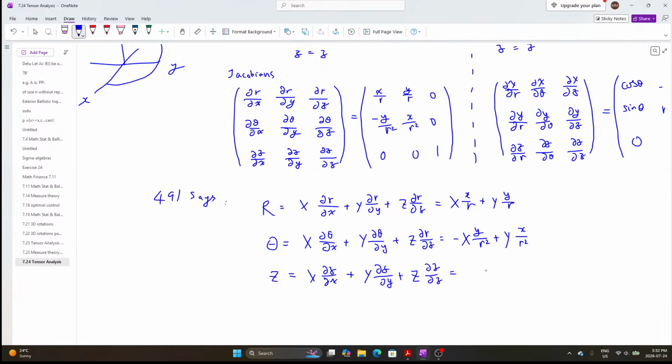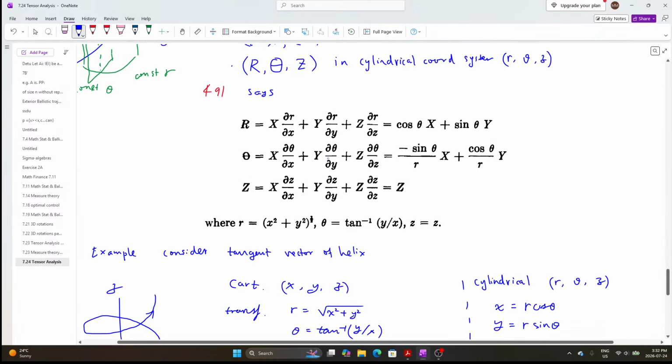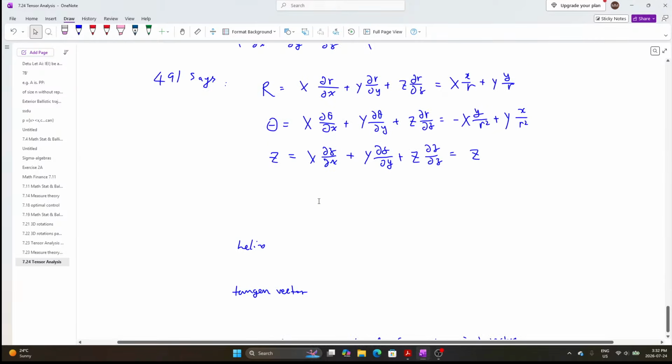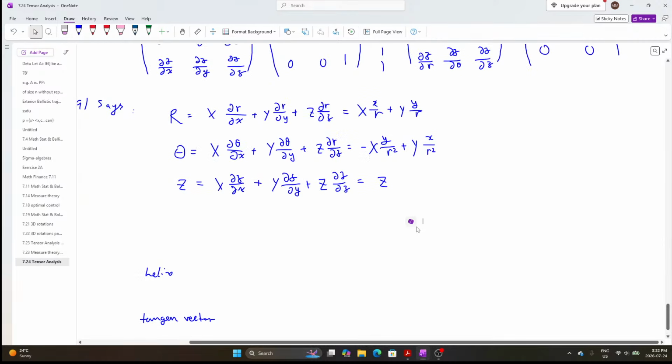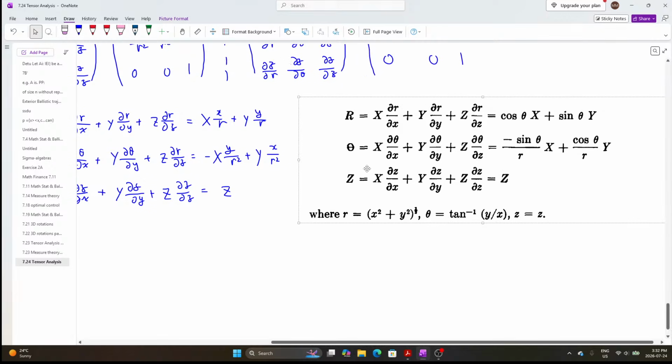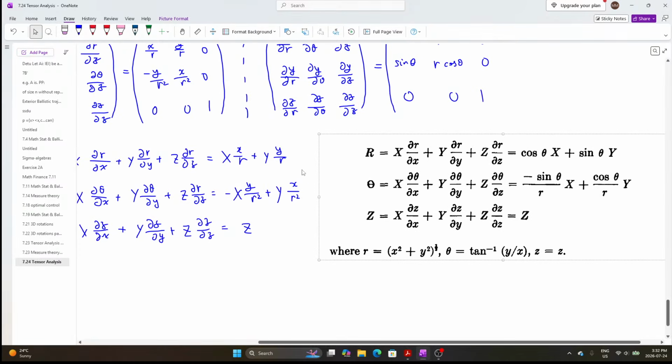So it's just big Z. And take a look, this is the same as we did earlier, huh? Is that the same? Yeah, it is the same because you see x over r is just cosine theta. Y over r is sine theta, so everything checks out.